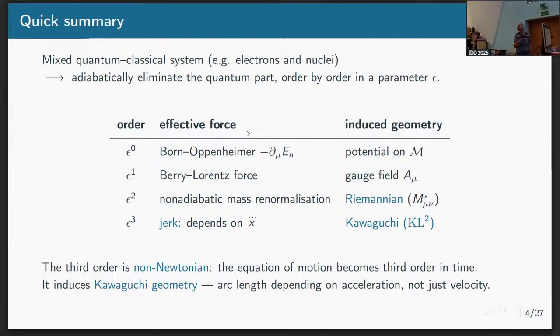What is new, and what we obtain here, is that in cubic order the equation is non-Newtonian. You get dependence of the equation on the third derivative of the nuclear position, and the induced geometry in this instance will be described by Kawaguchi geometry.